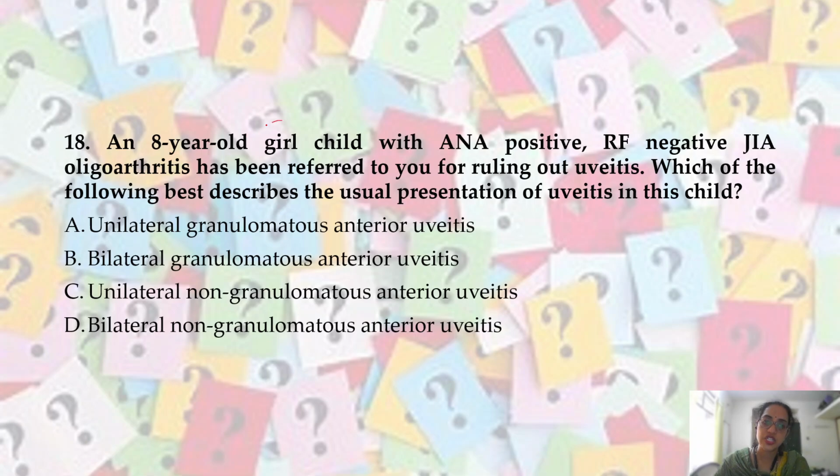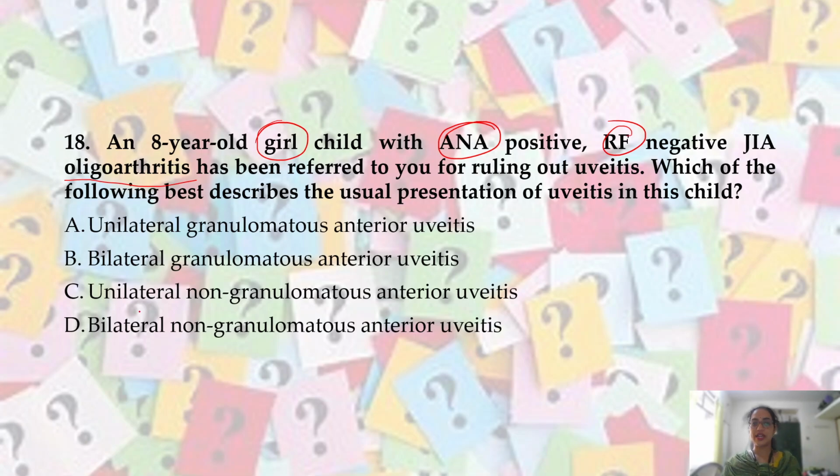It's a girl child, it's RF negative, ANA positive oligoarthritis. So these are all features of arthritis in a pediatric age group that favor uveitis. Uveitis is common in girls, especially if they have ANA positive and RF negative, and if they have oligoarthritis involvement. So how do these patients present?